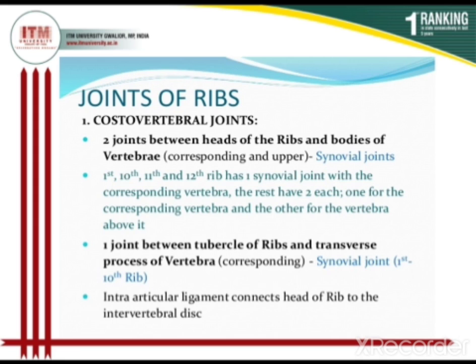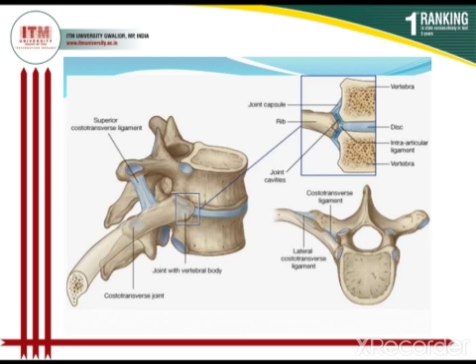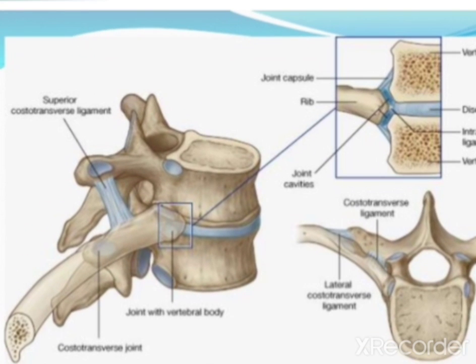You can see in the picture how the rib is attaching to two vertebrae: the lower one has the same number as the rib attaching to it, and the upper one is the bone above it.